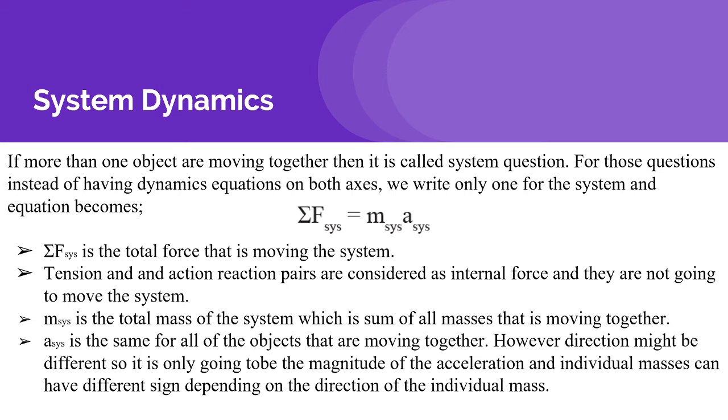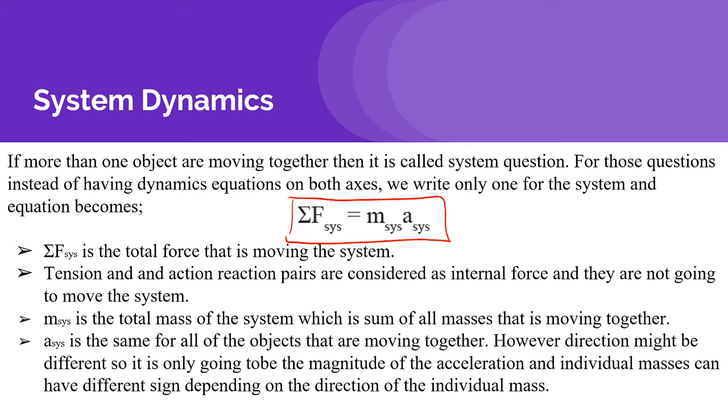Alright, so if you have more than one object, then that's going to be a system. For a system, instead of going with single objects, we try to figure out what's happening to the system. So we are trying to figure out the net force that is moving the system.